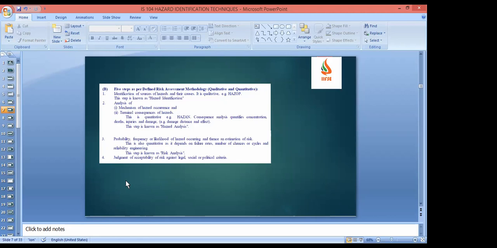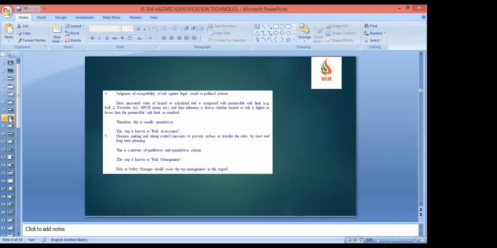So here they are going to quantify the failure rates, how many times it is going to fail, and in how many cycles it is going to fail, and they will analyze all of that here. Then the judgment of acceptability of risk against legal and also social and political criteria will be taken care of. Therefore, it is usually a quantitative analysis.